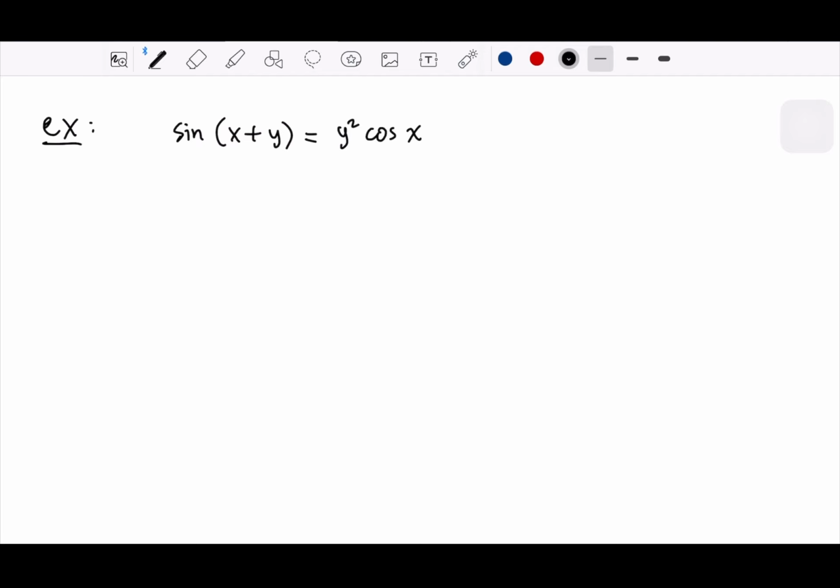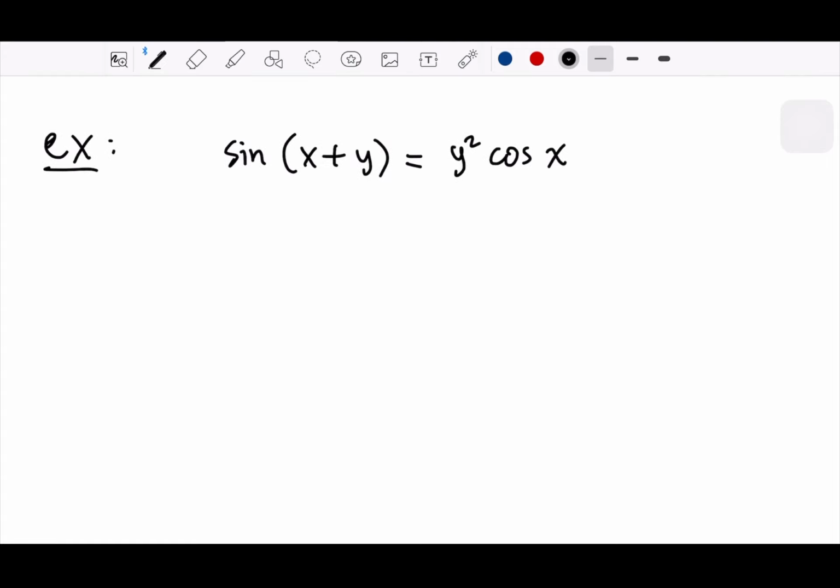So we could start slowly, taking time, and we see that we have y inside this equation. We have y in this sine x plus y, and y squared.